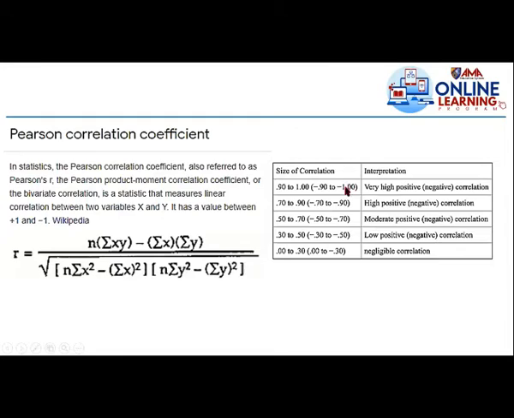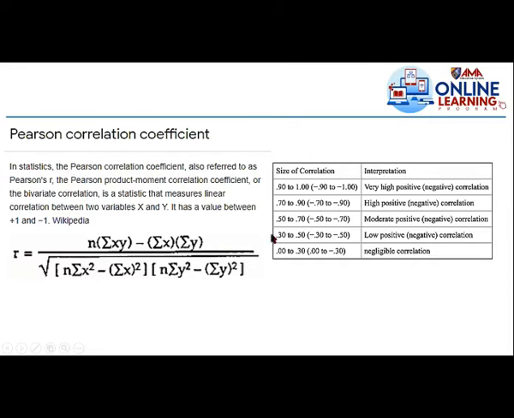Kasi nga, may situations wherein the relationship between two variables, their values are decreasing. That's why negative ang correlation nila. So 0.7 to 0.90 is high positive, 0.5 to 0.70 is moderate, 0.30 to 0.50 is low positive, and 0.0 to 0.30. Okay. So saan ba ito magagamit itong Pearson R, sir?